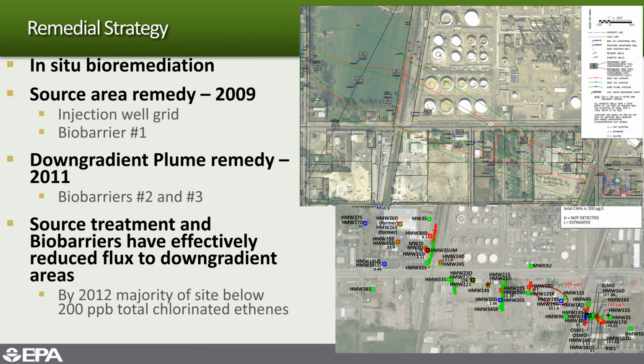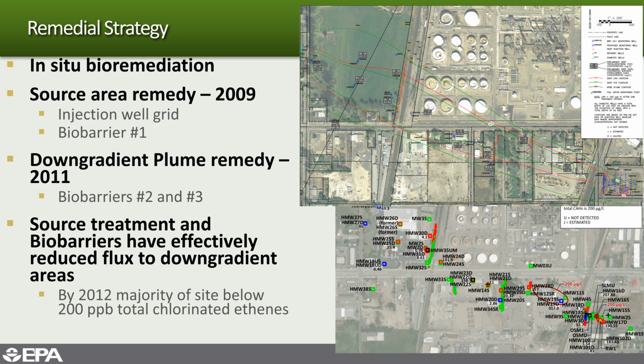So as I mentioned, the remedial strategy in OU1 being in situ bioremediation, trying to stimulate or enhance that reductive dechlorination by injecting emulsified oil or lactate, and I think they've done both at the site. But you can see here in the source area, the remedy work began in 2009.